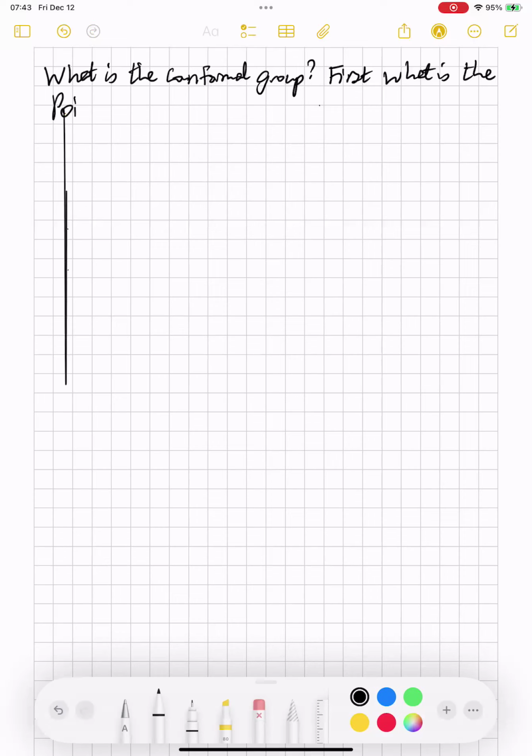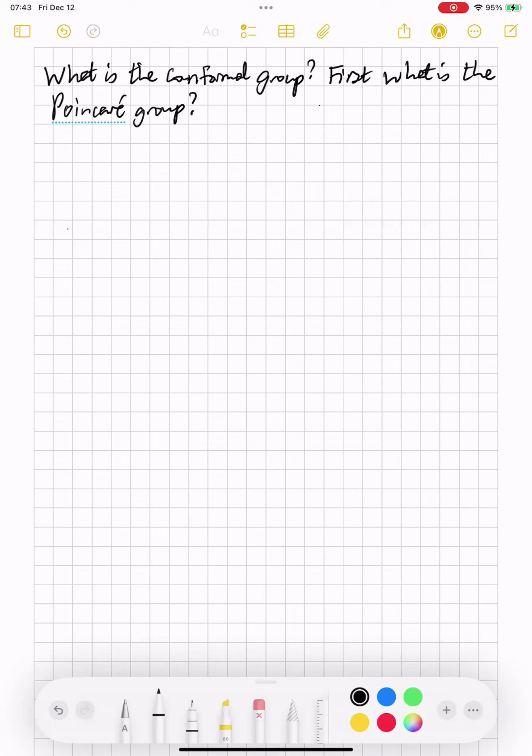Now, I'm sure that you all know what the Poincare group is. You know that the Poincare group is a group of 4 translations and 6 Lorentz transformations, 3 rotations and 3 boosts.